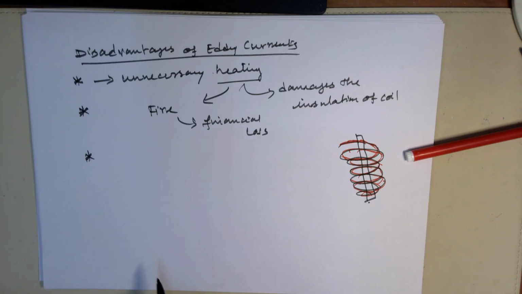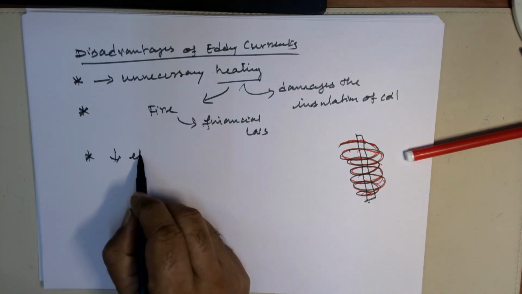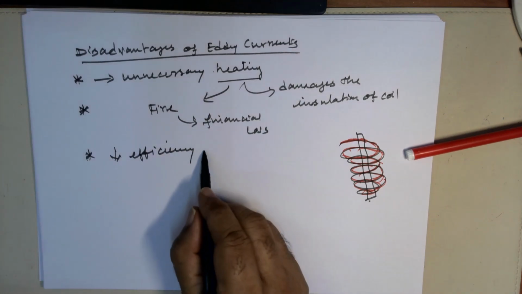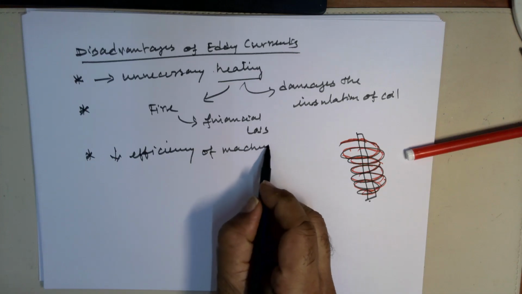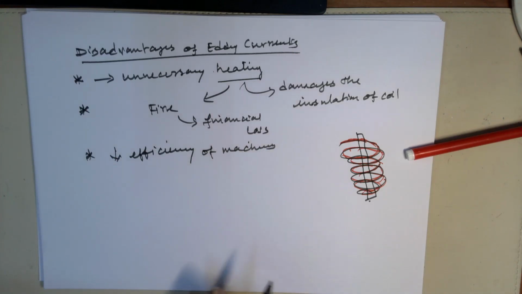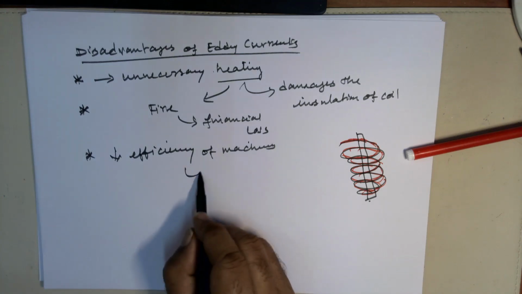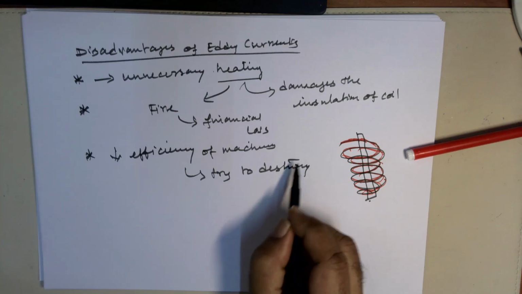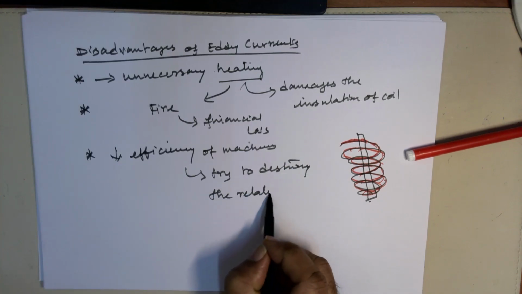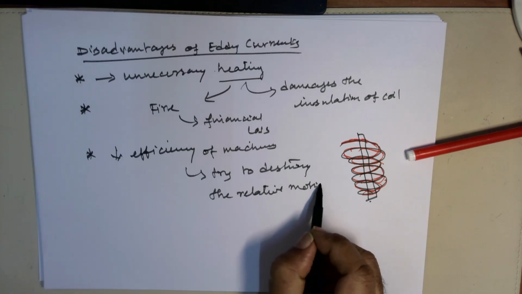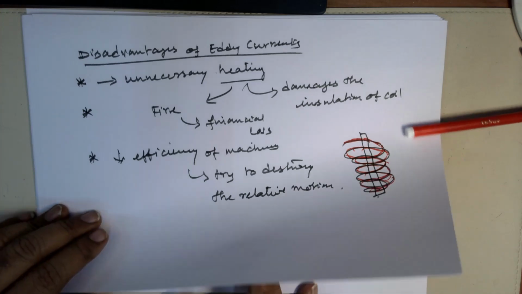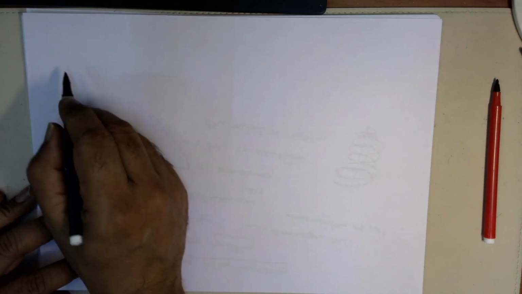Then eddy currents can reduce the efficiency of machines because they try to destroy the relative motion. So these are the disadvantages of eddy current. Now let us see how we can minimize the eddy current.